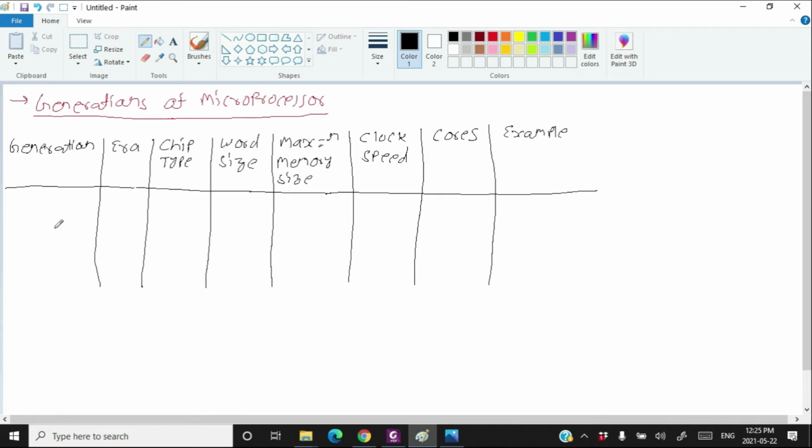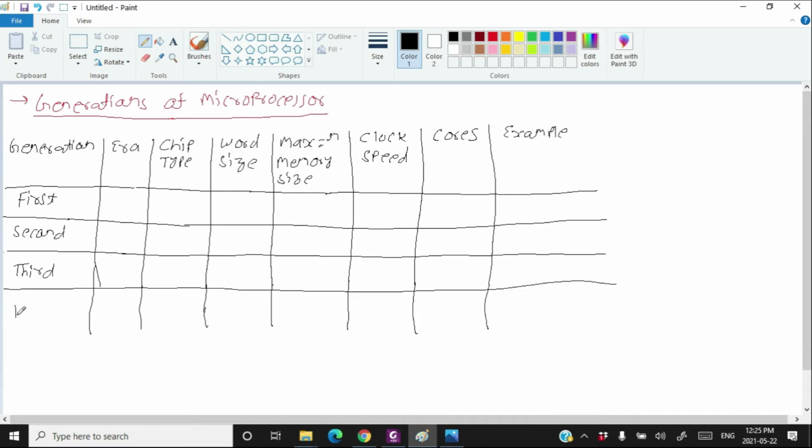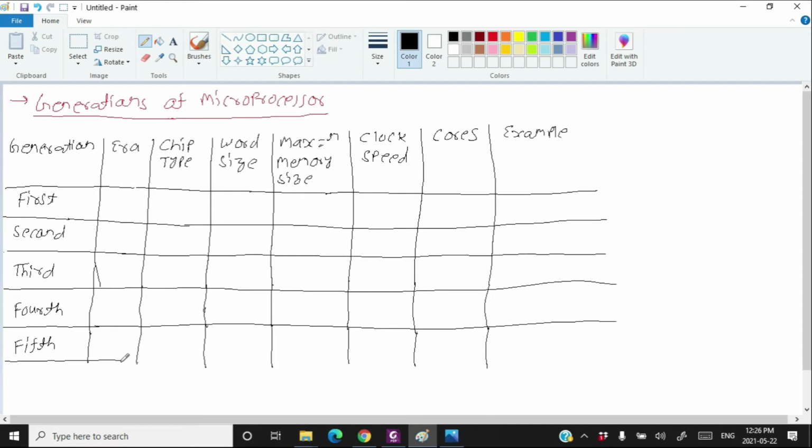So actually, the microprocessors have gone through 5 generations. First generation, then second generation, third generation, and then fourth and fifth generations. The era of the first generation was from 1971 to 1973.